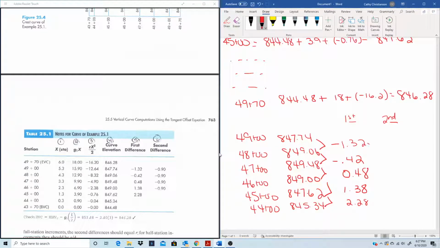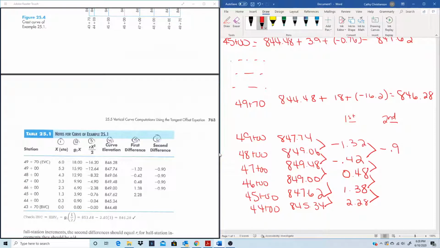Now we've got a second difference. This is where we're going to check the difference between the two numbers. So if I say a negative 1.32 minus a negative 0.42, that gives me a negative 0.9. So again, what I did for this one is I took my negative 1.32, the difference is always subtracting, and I subtract a negative 0.42, which makes it a positive, leaving me with a negative 0.9.